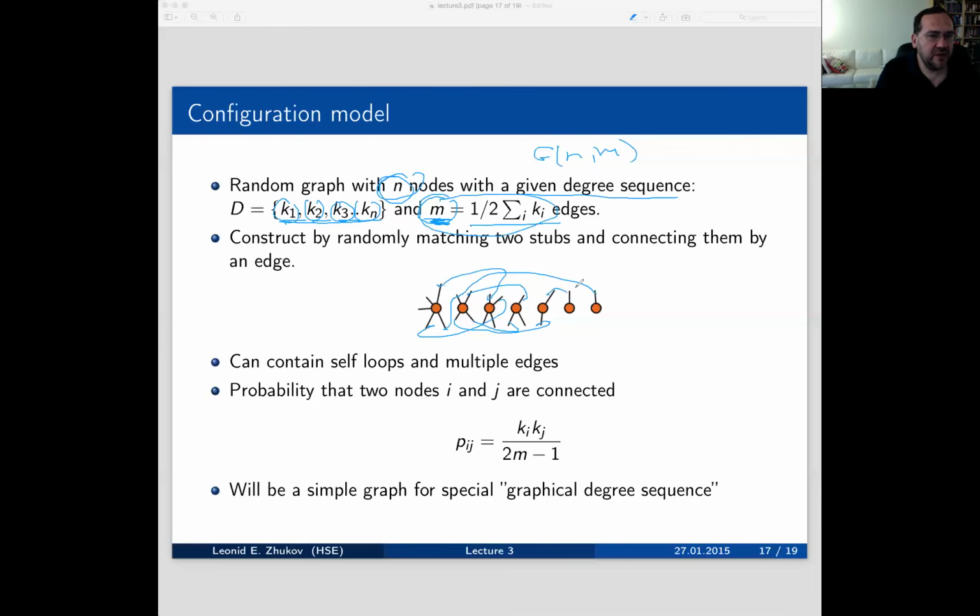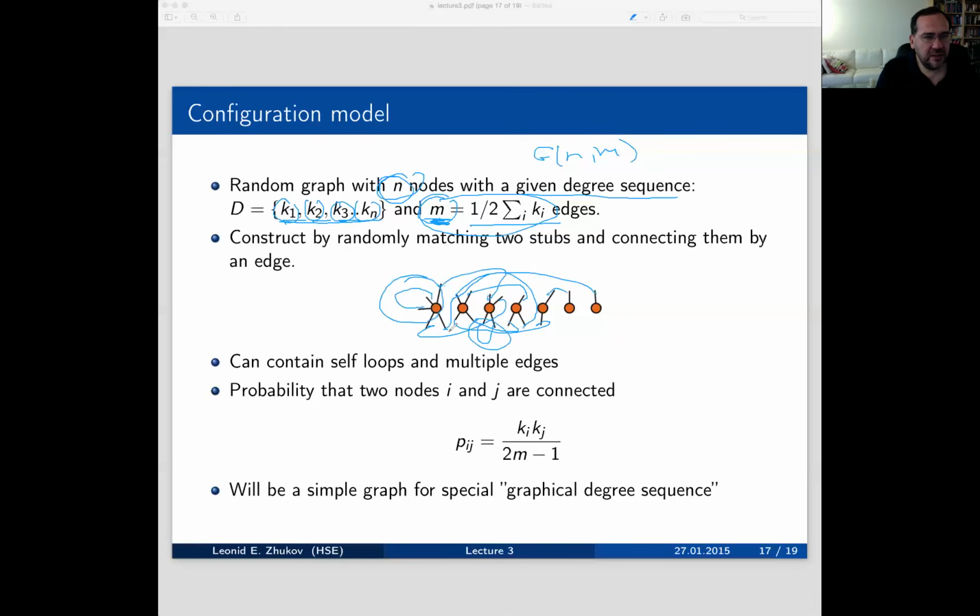Like, for example, here, if I look at this picture, what's left? I think there is this pair, right? We can match these to each other. We can match these guys. Do we have anything else left? Yeah, and this guy goes here. So now we built the graph, but since we connected things randomly, we actually created loops on the nodes here and here.